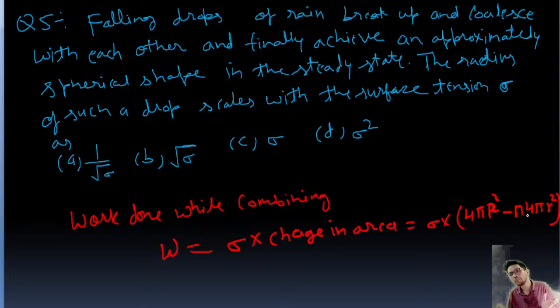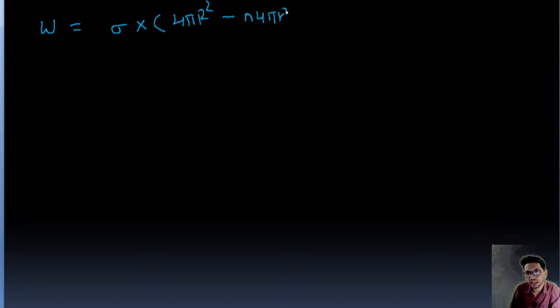Suppose n number of small drops combine together and form a big sphere of radius R. This is a very important formula, guys, you need to know. Now very simple. W is going to be sigma into 4 pi R square minus n 4 pi r square, right?